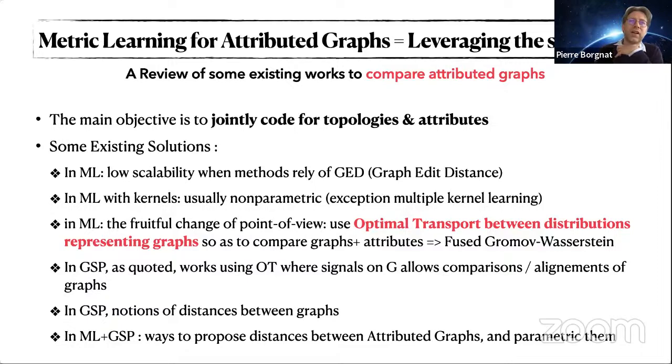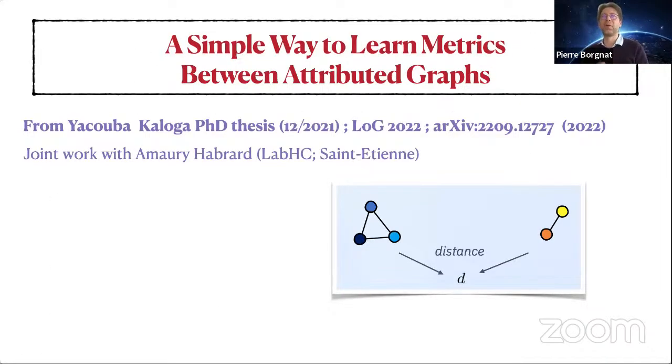But it was still too computationally heavy to do metric learning. So what I will propose here is this work about a simple way to learn metrics between attributed graphs that we presented at the Learning on Graphs conference this December. It's joint work with Amaury Habrard, and it was part of the thesis of Yacouba Kaloga.